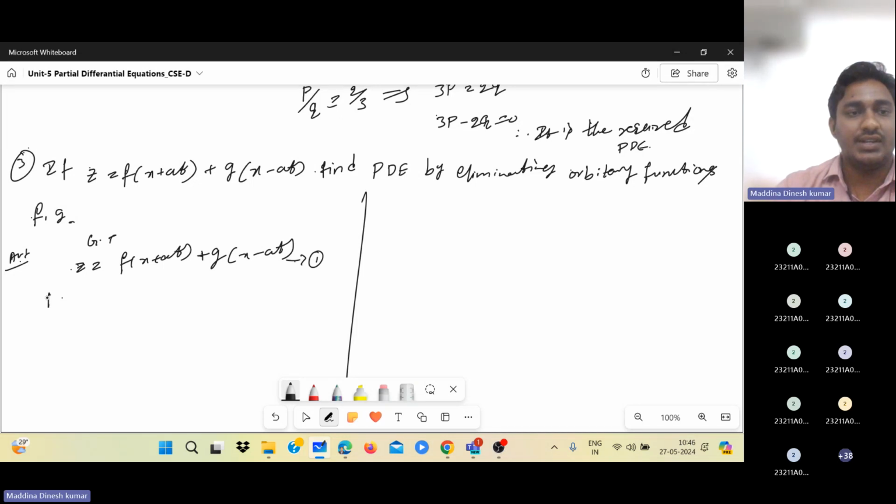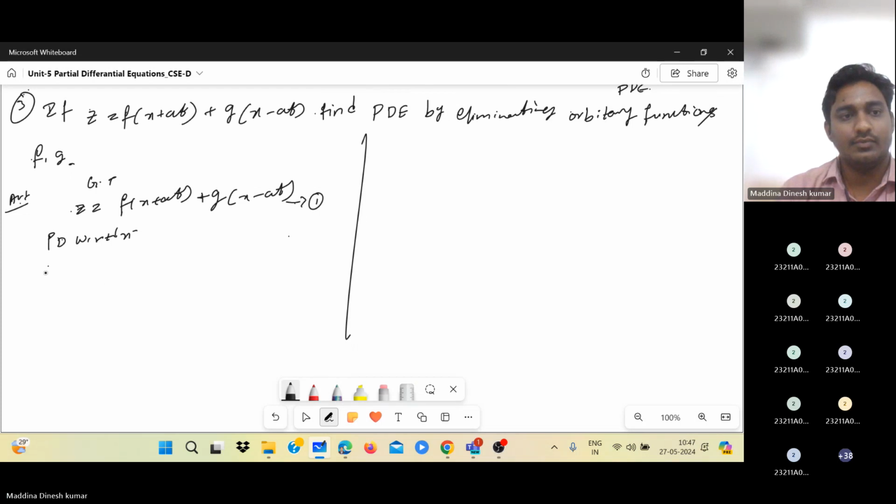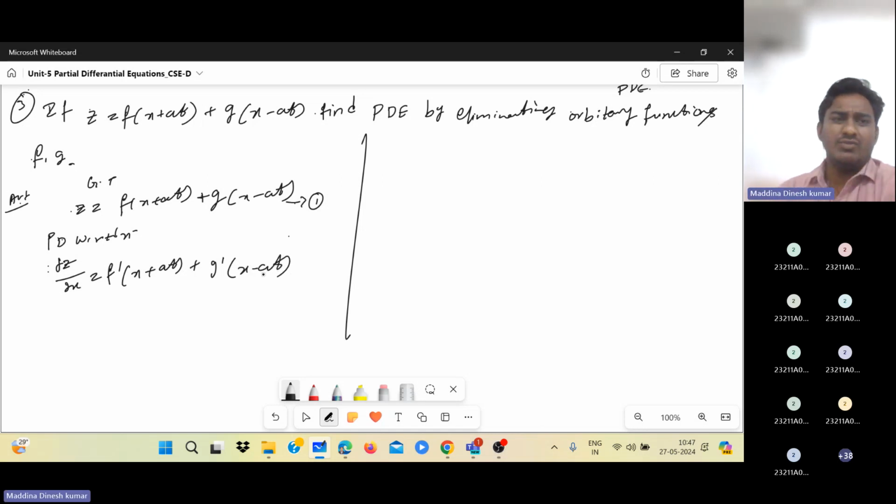So partially differentiate with respect to x, then you will get here dou z by dou x equals f dash of x plus at plus g dash of x minus at. Even if you derive the internal function also, that will become 1. x will become 1, at will become 0. So we are doing with respect to x. That's why.